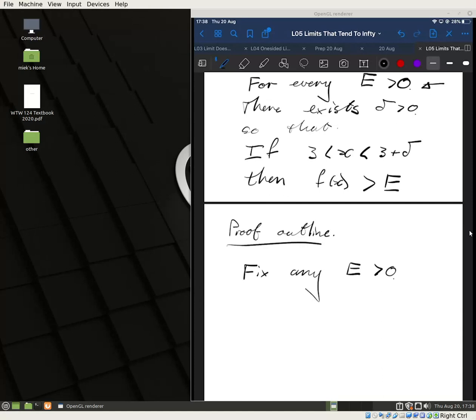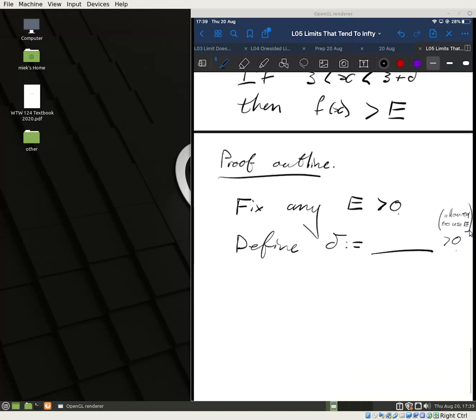We must show that there exists a delta, so we must define it. Define delta as something, and it must be positive. What are we allowed to use? We are allowed to use E, any of our previously defined symbols, and here we are allowed to use E.